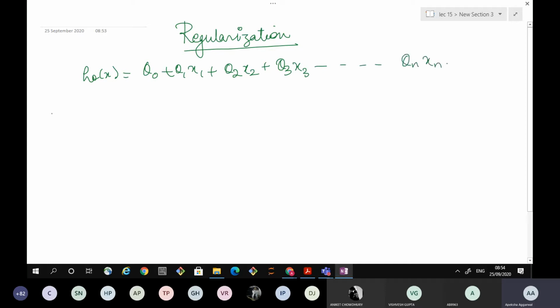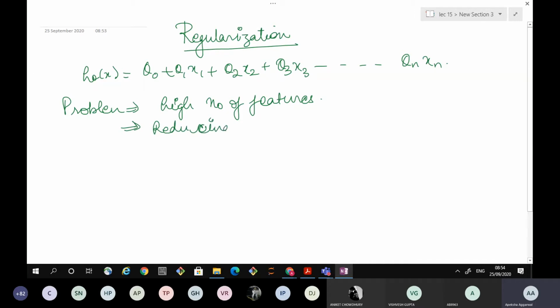The exact problem I was facing was a high number of features. So what if I reduce these features? To reduce them, one method we have seen is that we can directly remove them, or we can apply some dimensionality reduction methods.